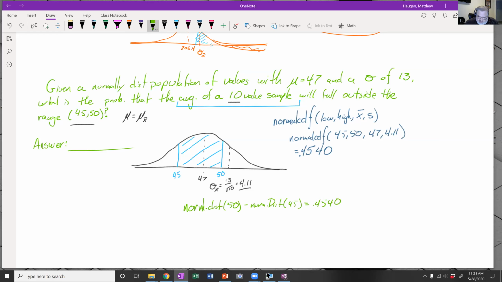But again, what does that mean the answer to this question is? What is the probability that's asked for here? It's not the 45 to 50?